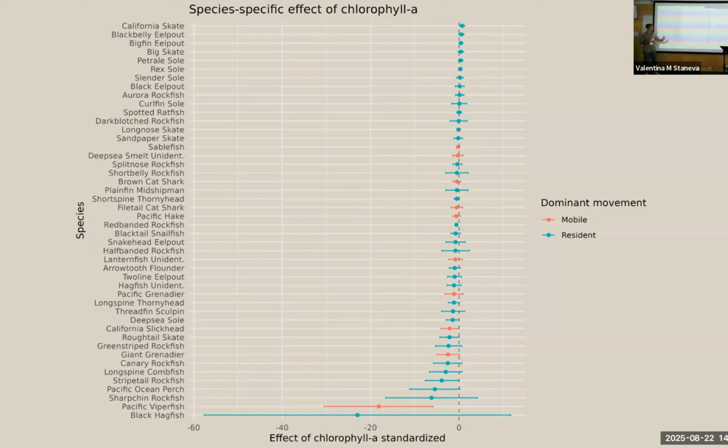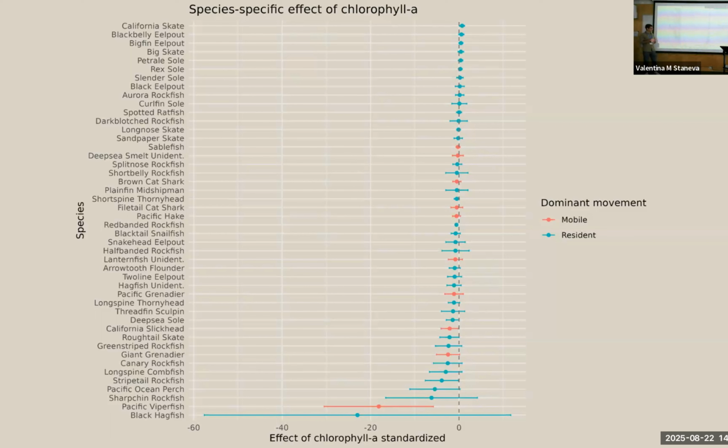But if you look at the bottom, there's a couple that seem to stick out. And there doesn't seem to be any tight correlation between mobile or more resident species either. And so at first pass, it doesn't seem like we're able to derive a huge amount of significance from PACE data for predicting spatially where these fish are.